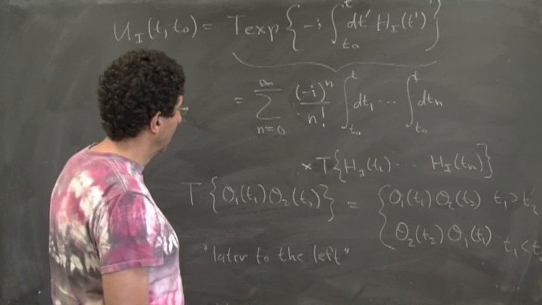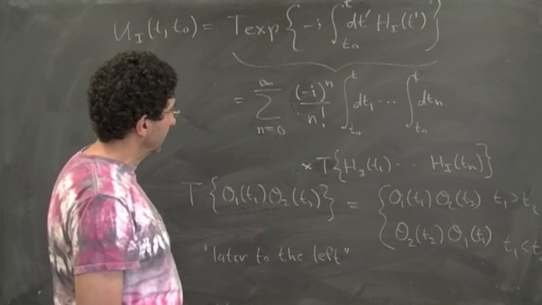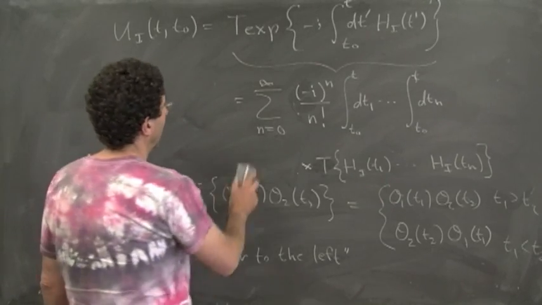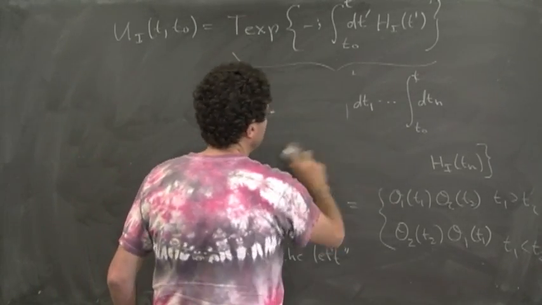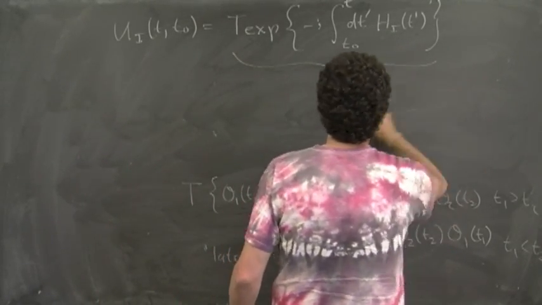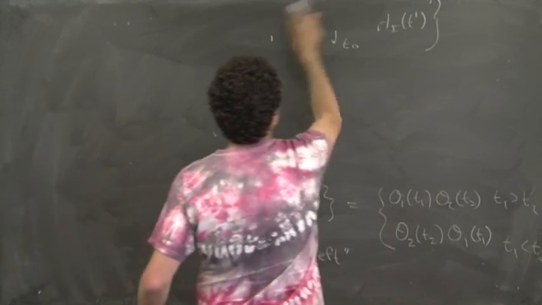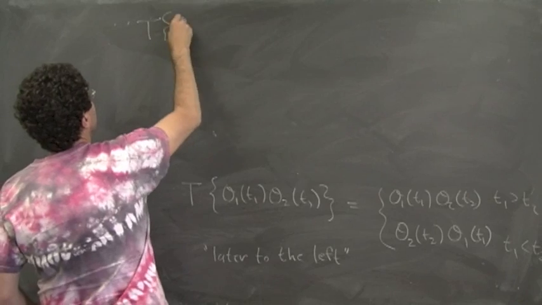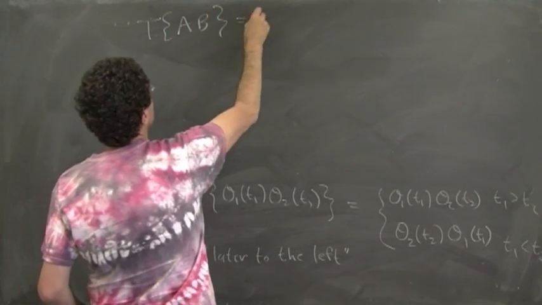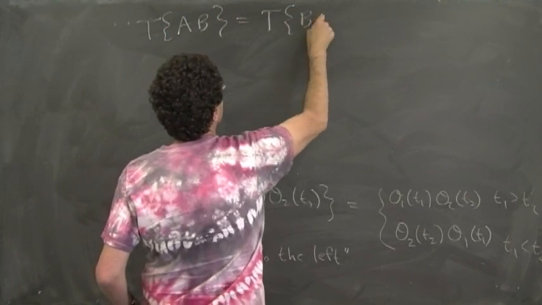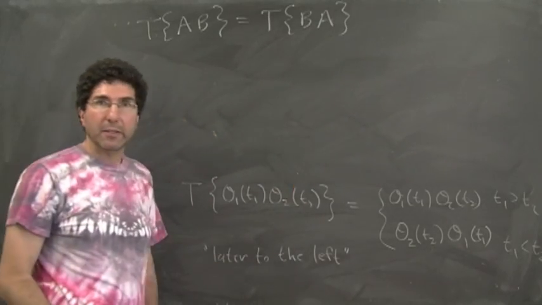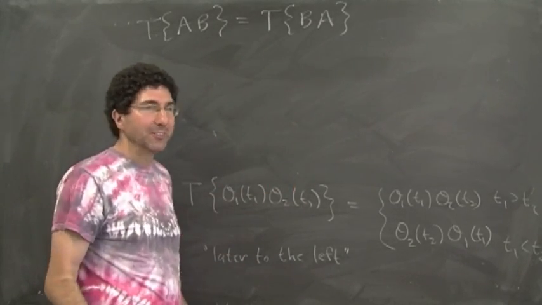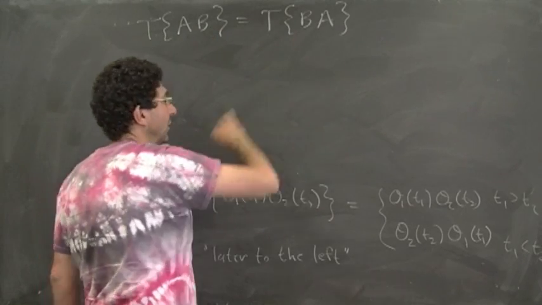So let's look at some elementary but important properties of the time ordering operator. Clearly, the order of things inside time ordering doesn't matter, because time ordering just puts them in time order. So if you write it this way or this way, it doesn't matter.